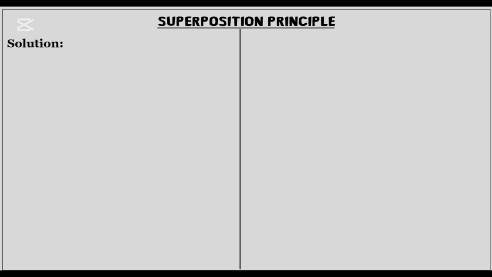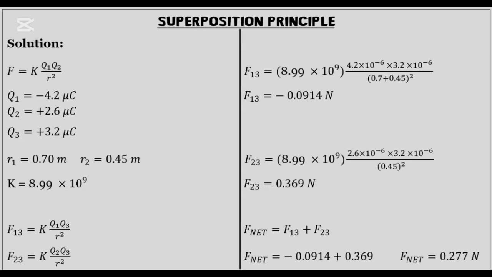Firstly, we state our formula, which is already given: F equals K Q1 Q2 over R squared. We should note the equation very well.